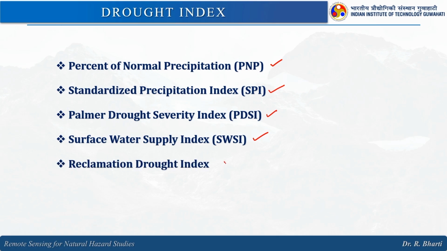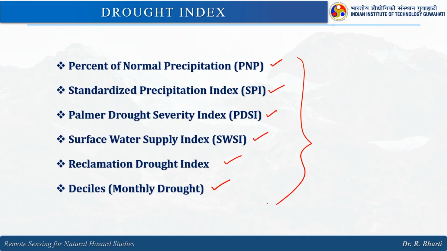Then we have the Reclamation Drought Index, and then we have Deciles, that is monthly drought calculation. These drought indices are very popular, and you will find much literature explaining these methods, right? So, with this I will end this lecture 34, and we will continue this drought topic in lecture 35, the next lecture. Thank you very much.